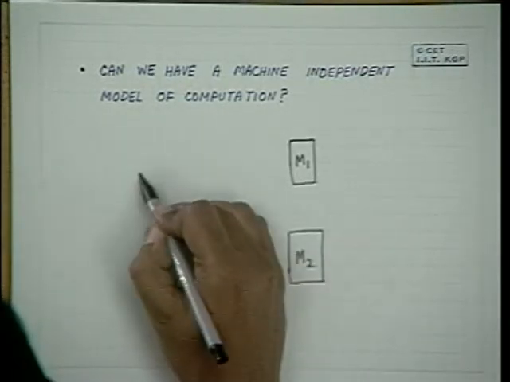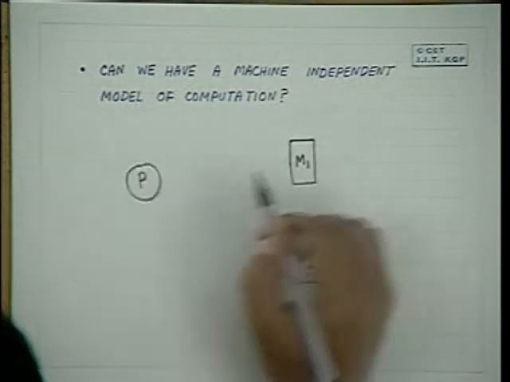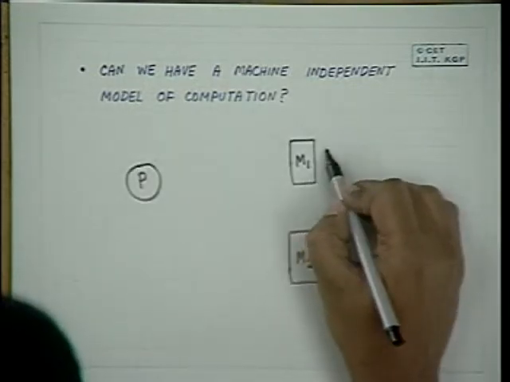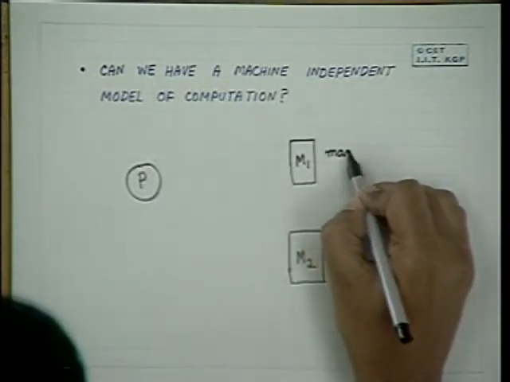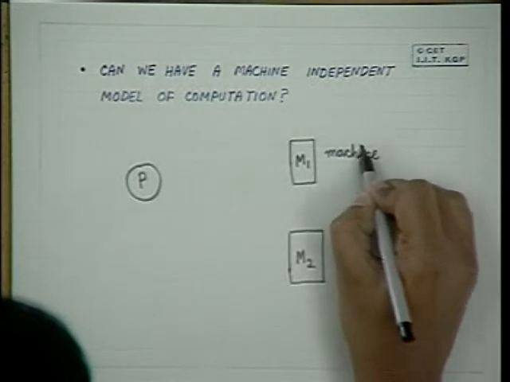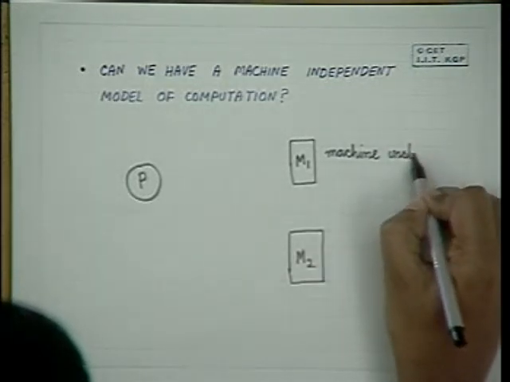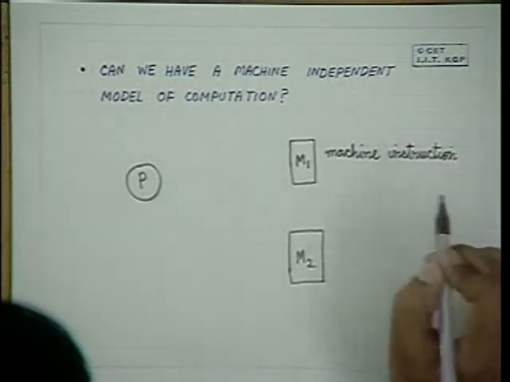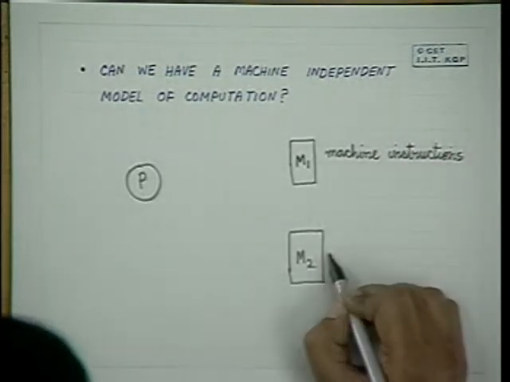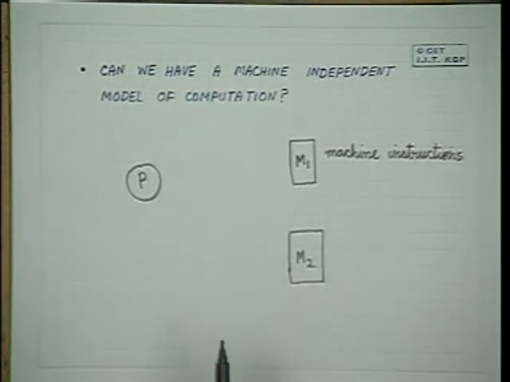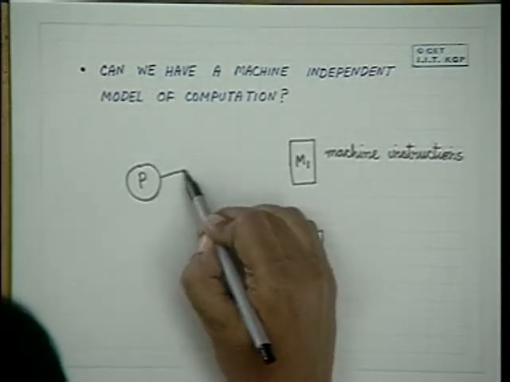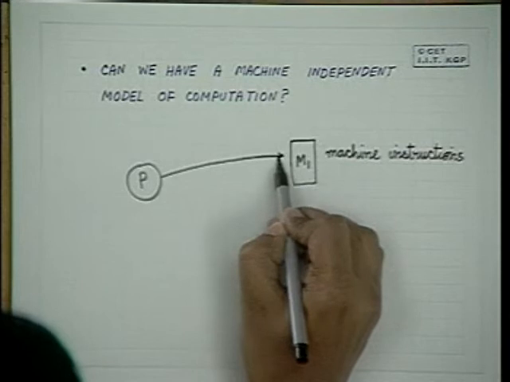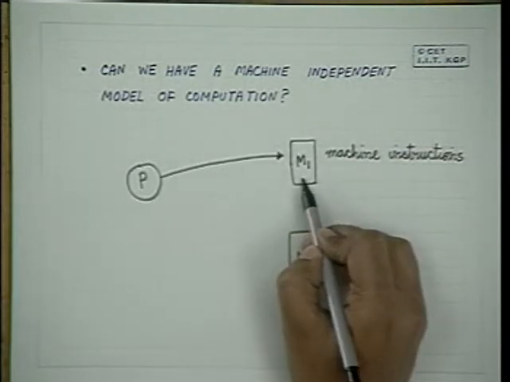The same program P: this machine M1 has its own machine instructions, and this machine M2 has its own machine instructions. The process of compilation will convert the program P into the machine instructions of M1 if we want to execute it in M1.